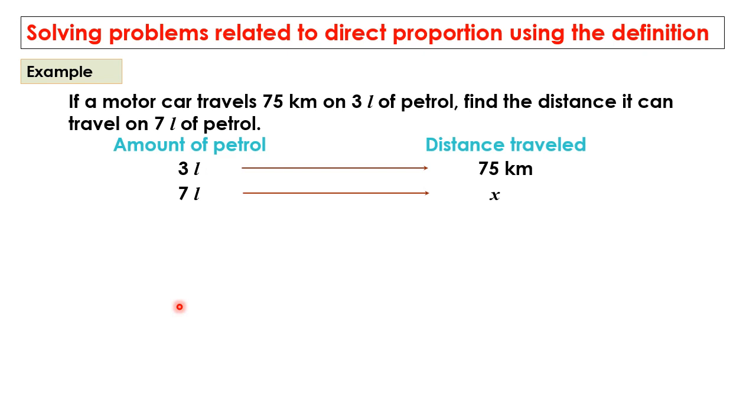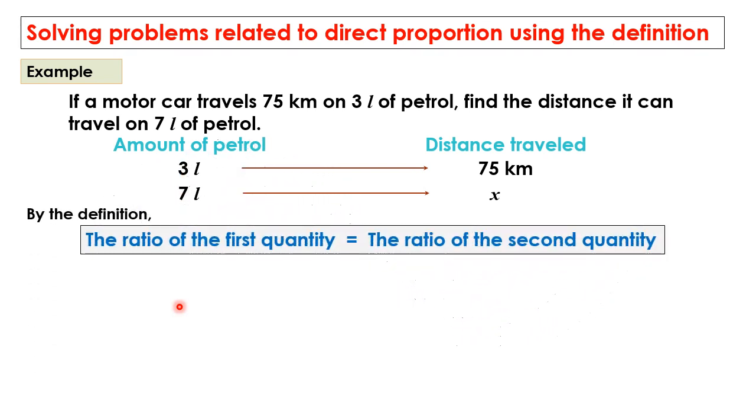So what is the definition? The definition method says the ratio of the first quantity is equal to the ratio of the second quantity. So the basic concept of direct proportion is that the ratio of the first quantity should equal the ratio of the second quantity.